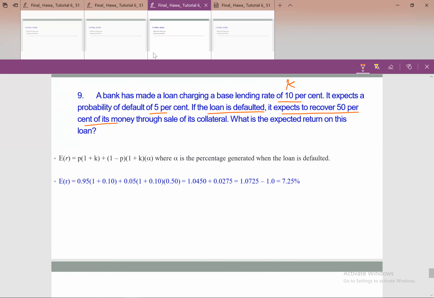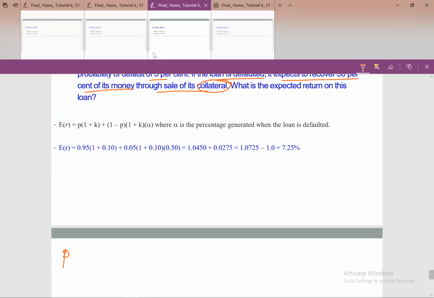And therefore, the payoff for this loan is the probability of payment of the principal plus the interest, and the probability of defaulting. These are the two probabilities we have.